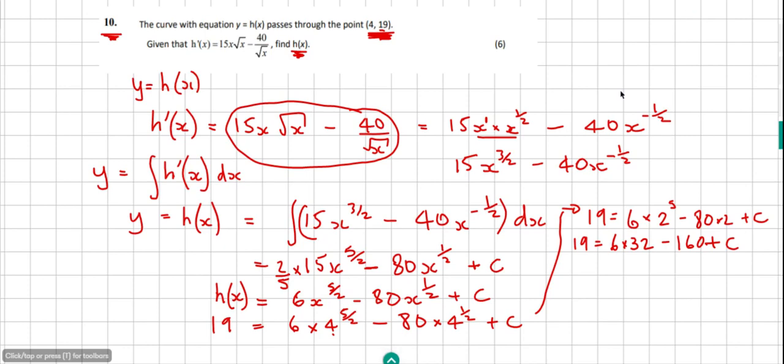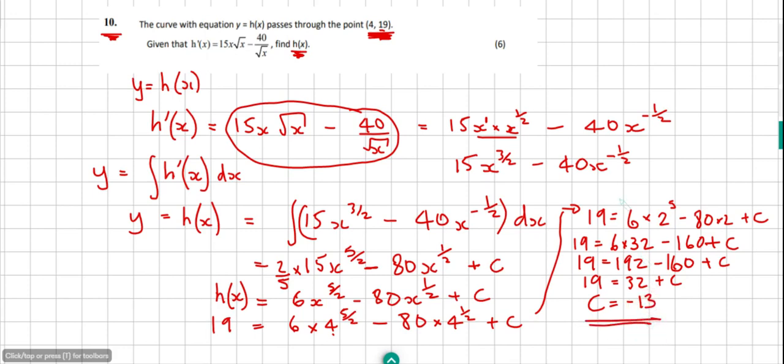If we tidy that up, what we get is 19 equals 192 minus 160 plus the c. So that's 19 equals 32 plus c. Take away 32 from both sides, and what I'll end up with is c is equal to minus 13.